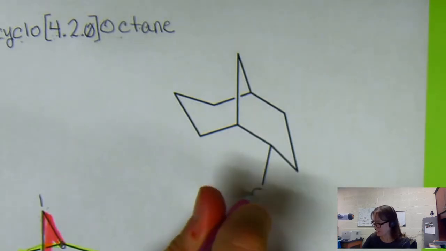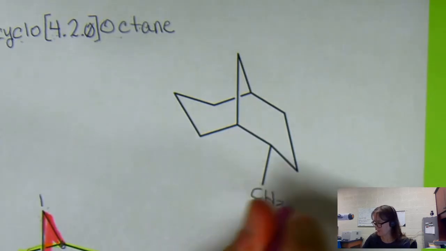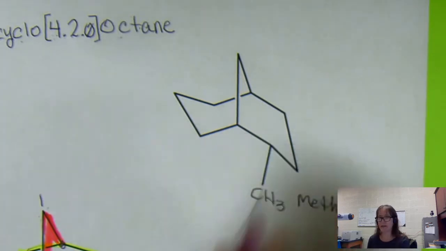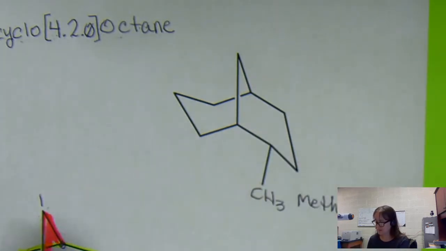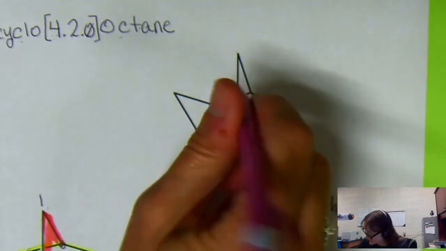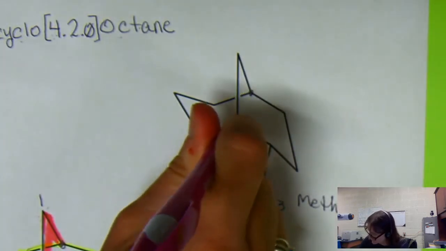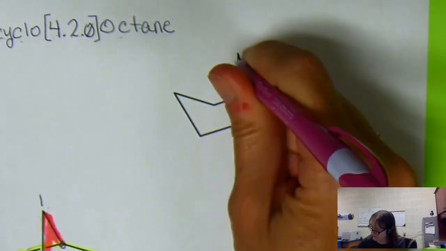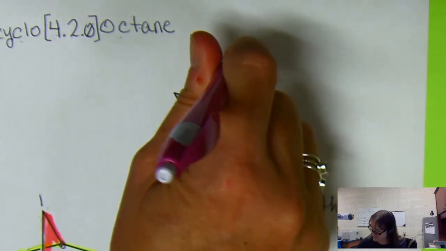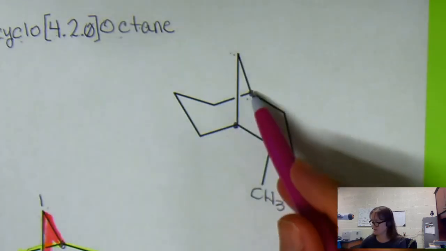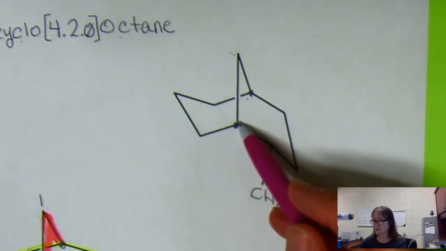So this is a methyl group, and it's not in the ring, it's attached to the ring. So if we look, we can see that there is a carbon here and a carbon here, and there is a carbon that's connected to both of those. So there is the bridgehead carbons.